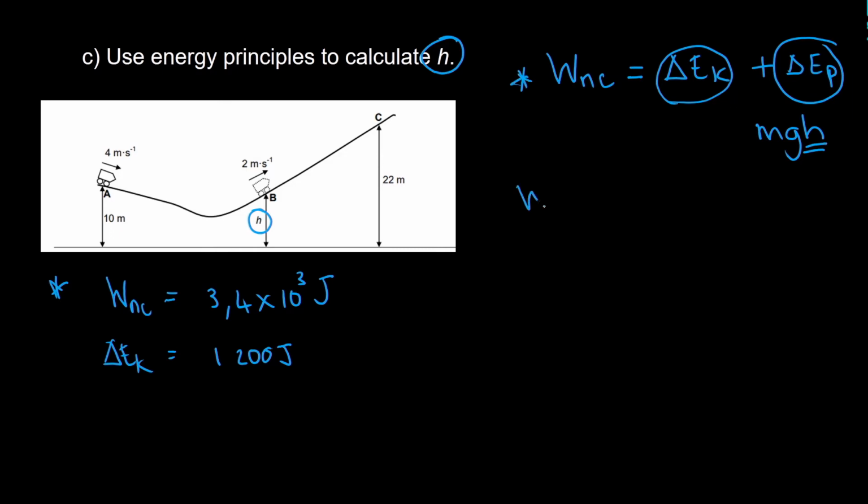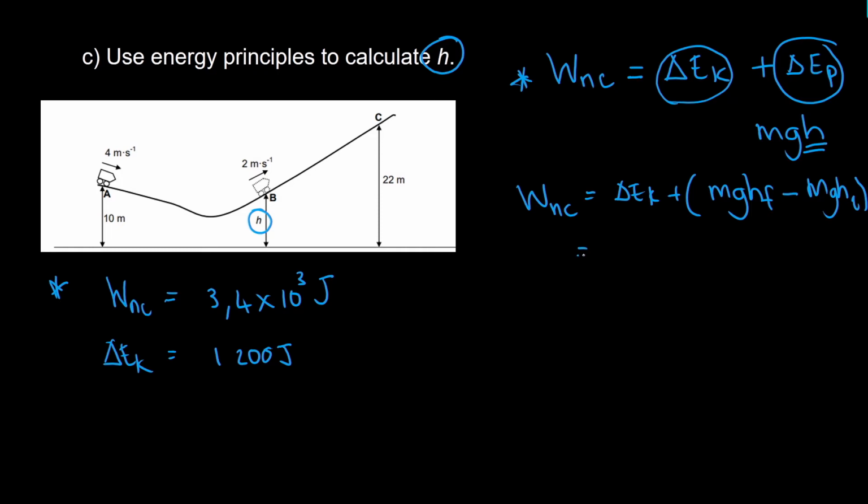So W, work done of a non-conservative force, equals the change in kinetic energy plus the change in potential energy. So how are we going to write it? We're going to write it as mgh final minus mgh initial.